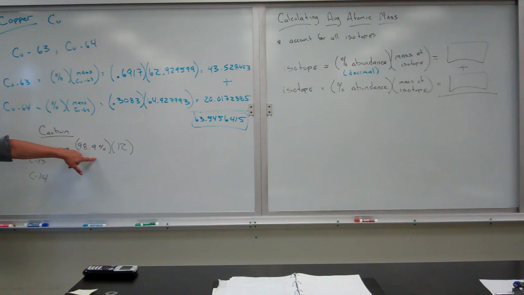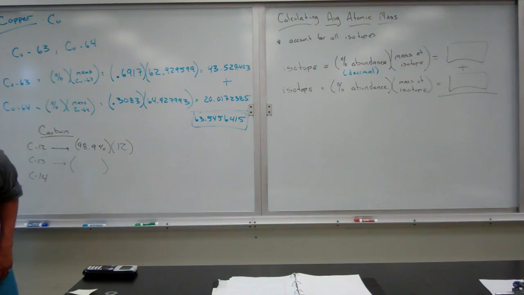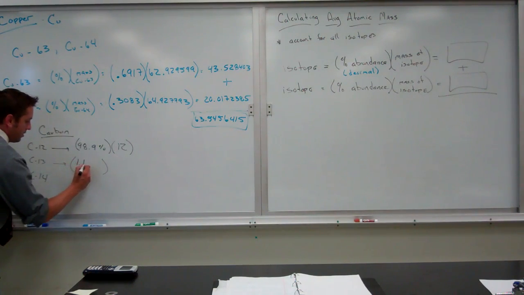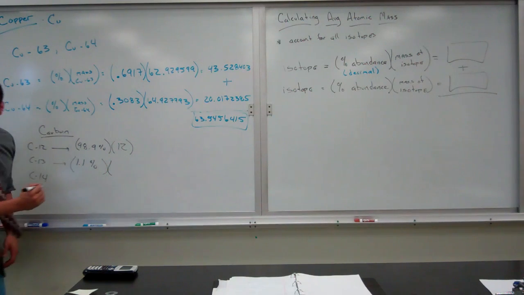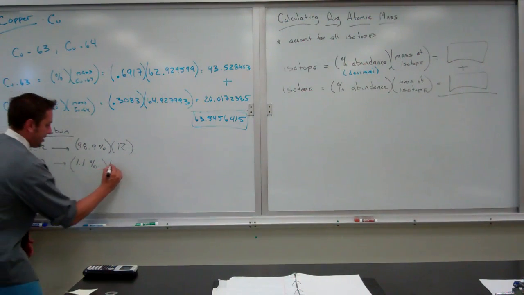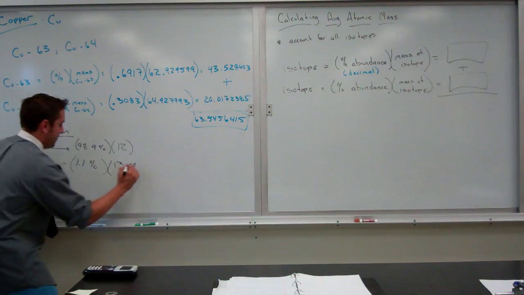Remember, change this to a decimal form. Carbon 13's percent abundance is 1.1%, and its mass is 13.003355.